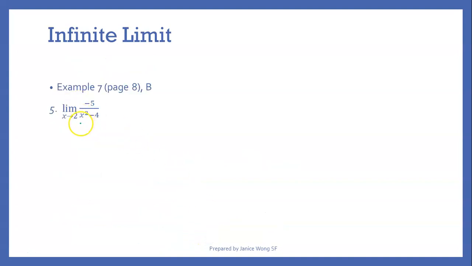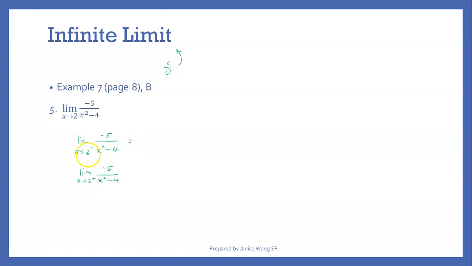Next, substitute x equals to 2 directly. Negative 5 over 2 square minus 4, it is something over 0 case. Something over 0 case indicates that it is an infinite limit. However, for two-sided limit, we have to come up with the left-hand as well as the right-hand limit in order to draw the conclusion.